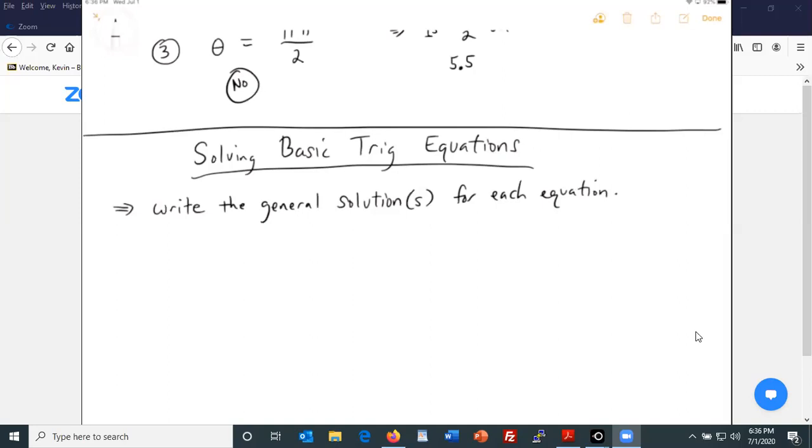So example number 1. Solve for theta for the cosine of theta equaling 1/2. So at what angle is the cosine equal to 1/2? Well, again, remember on the unit circle, cosine equals x on the unit circle.